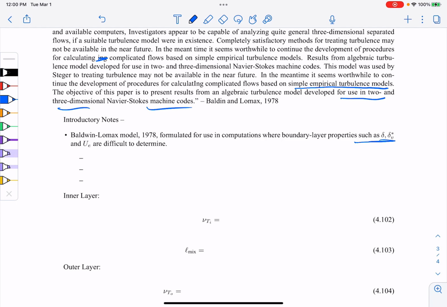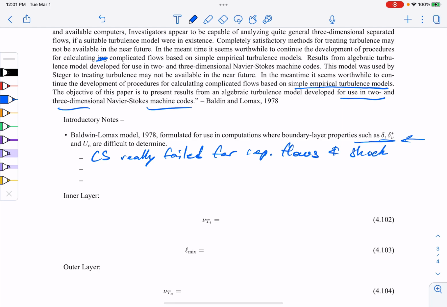So the Cebeci-Smith model really failed for practical predictions. So this is really just sort of a mathematical goal for separated flows and shocked flows. In their paper, my view is they're writing that they want to overcome these limitations.